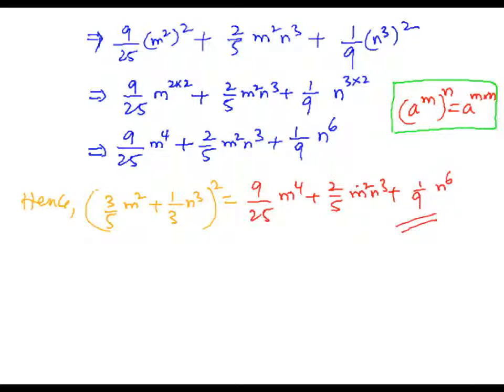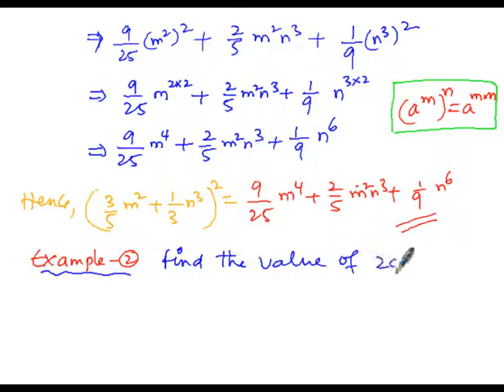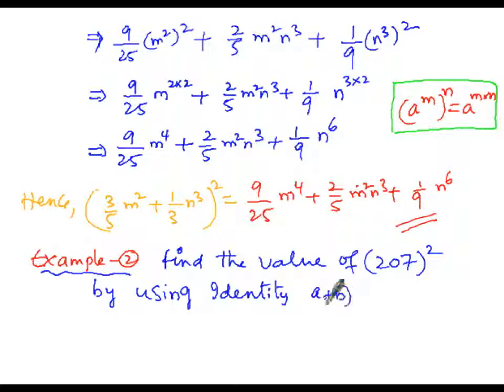Similarly, let us perform one more example, that is example number 2. In this example, let us evaluate or find the value of 207 whole square by using the identity, that is (a plus b) whole square is equals to a square plus 2ab plus b square.